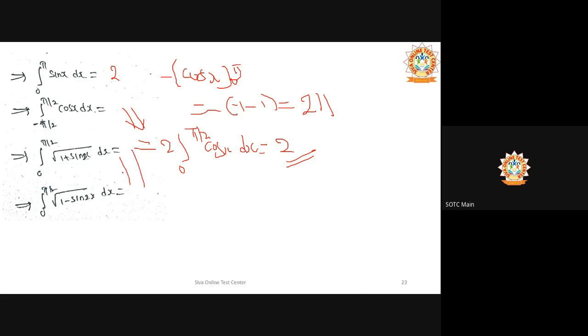Next, try to solve this: integration of 0 to pi by 2 under root 1 plus sin 2x. So you know how to solve this question. That is, 1 can be represented as sin square x plus cos square x, and sin 2x as 2 sin x cos x. What is the answer?